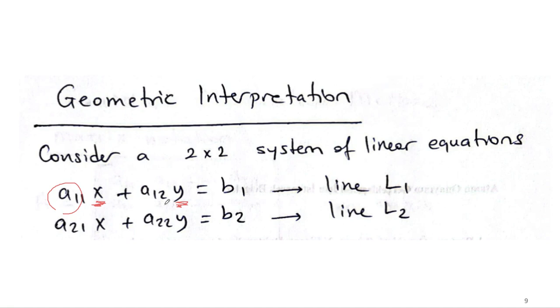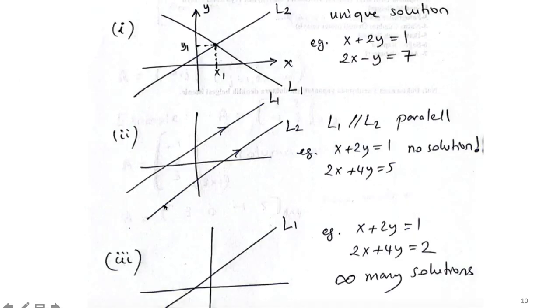So what we can do is draw these lines for each equation and then analyze the potential situations. If I draw two lines, as you know from calculus or other earlier courses, that's clearly something you already know.